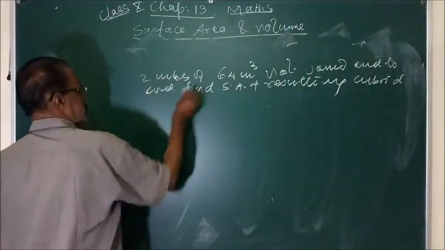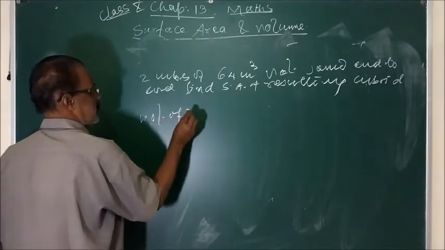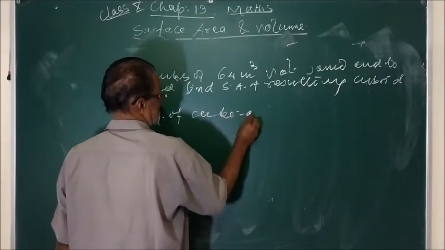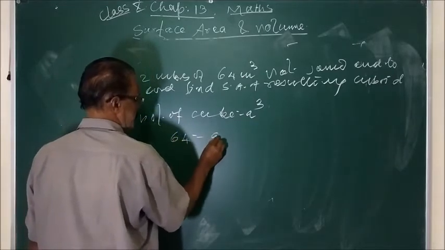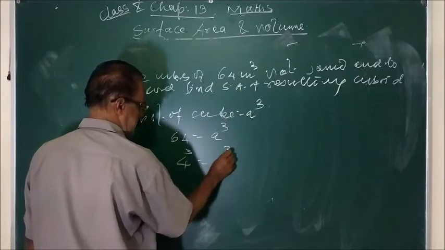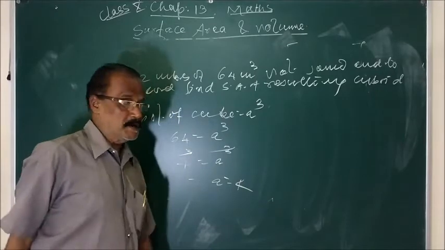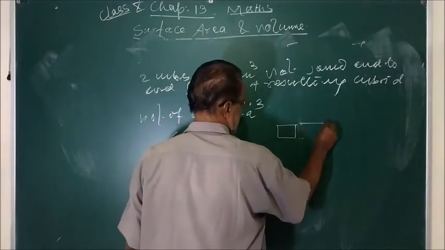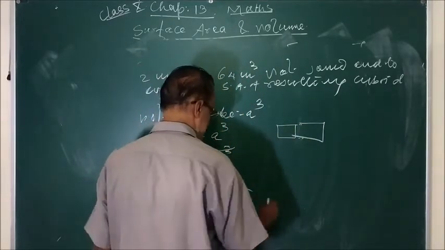First of all, the volume of a cube, you must have learned in a previous class, is A cubed. The volume is 64, where A is the edge, and 64 is the cube of 4, so the powers cancel and A is equal to 4. This is the edge of the cube. Now these two cubes are joined together, so they change into a cuboid.